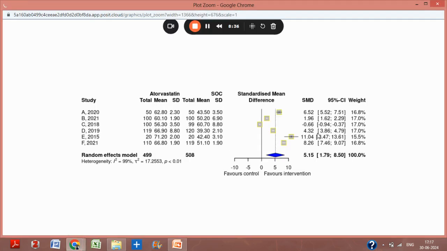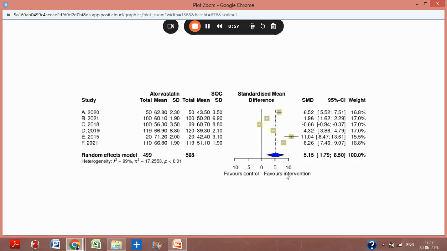Let's zoom it. And yeah, we do have all the things: the description of the study, all with study names. We did color the diamond, and the thing is not reported over here whether it's standard of care or intervention.